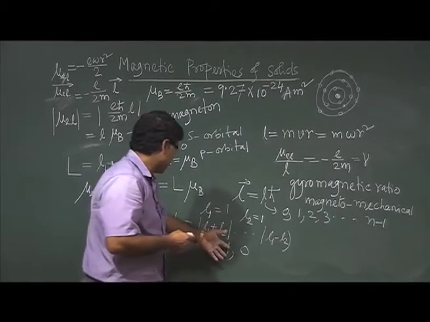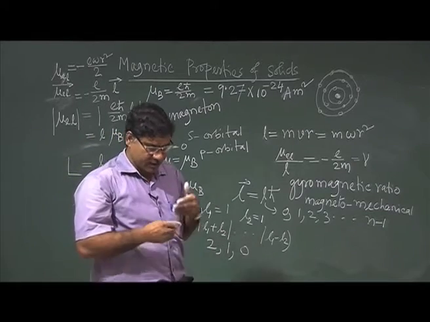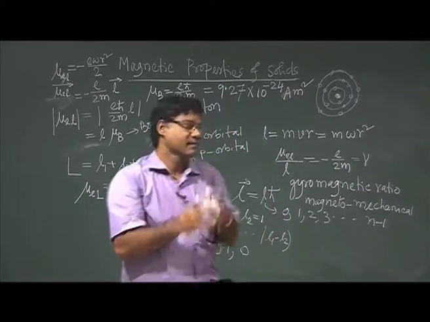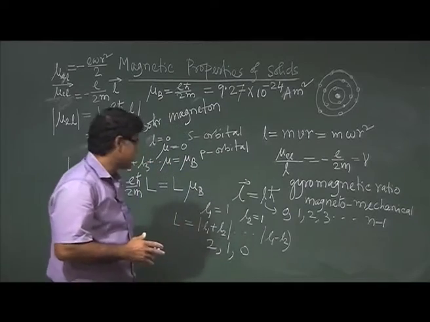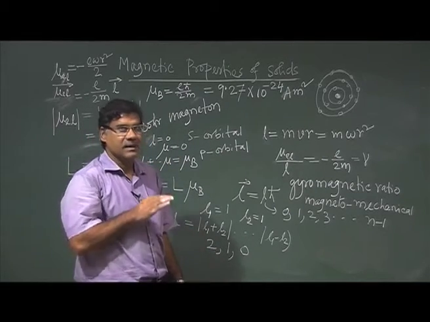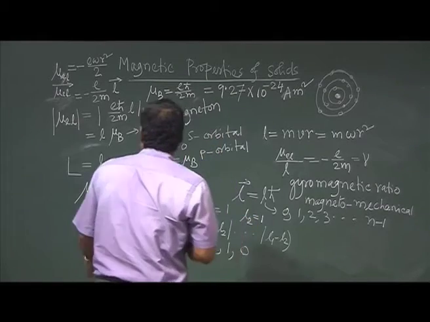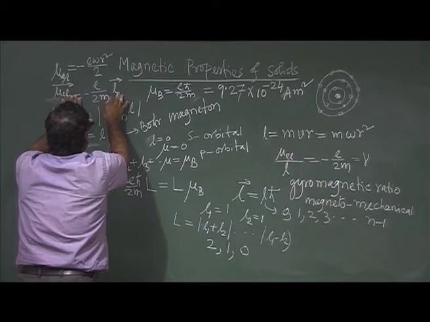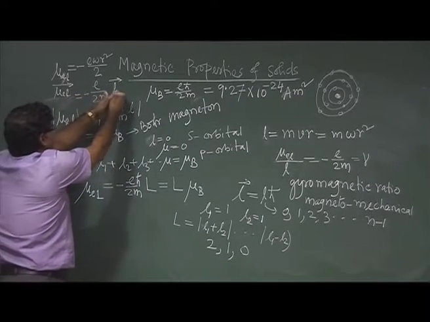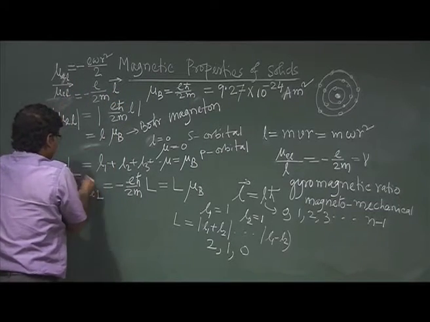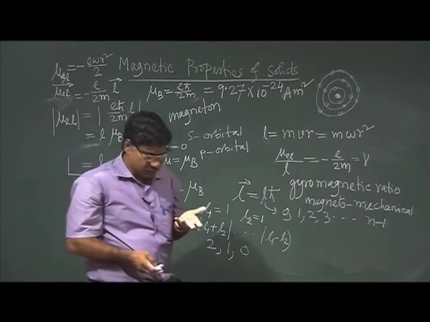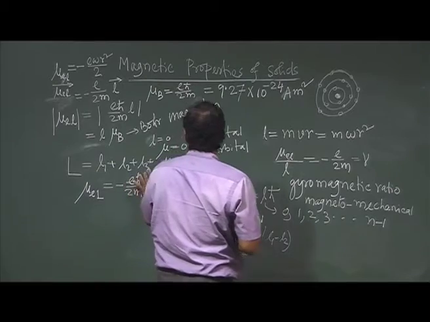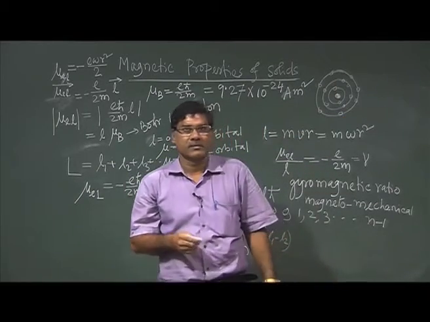So, which value applies for this particular state of this atom will be decided depending on the state of this atom. Okay. So, whatever relation we have used for one electron, these relations are valid for this total atom also, where we will get the resultant angular momentum.